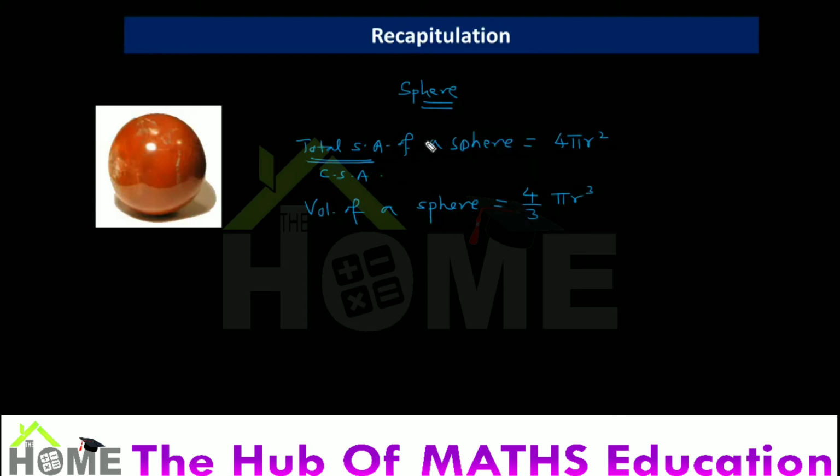So the total surface area, that is curved surface area of a sphere, is given by 4 pi r square, and the volume of the sphere is given by 4 by 3 pi r cube.